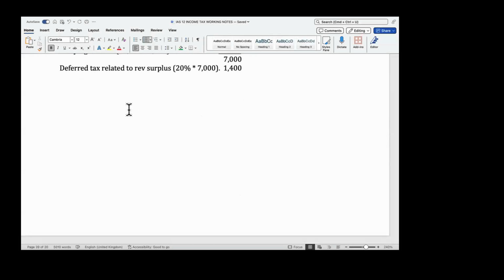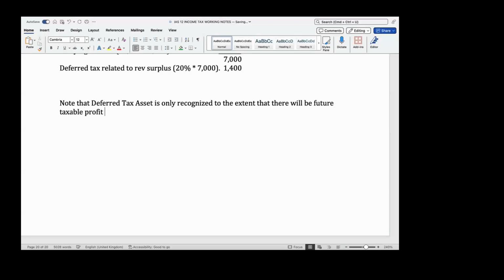One thing I just need to mention as a final note for you is that deferred tax assets are only recognized to the extent that there will be future taxable profits against which the deductions can be utilized.